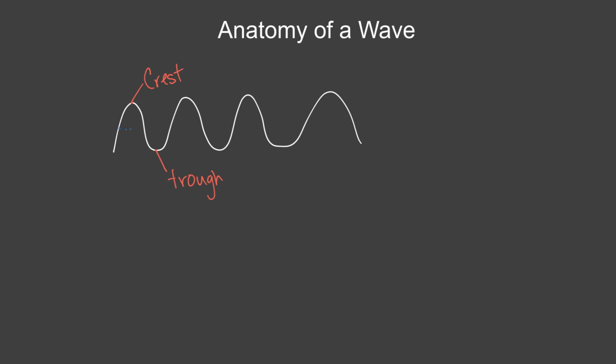If you wanted to imagine a line running halfway between the crest and the trough, and then you measured the distance from the midpoint up or from the midpoint down, it would be the exact same distance. This is the amplitude of the wave.